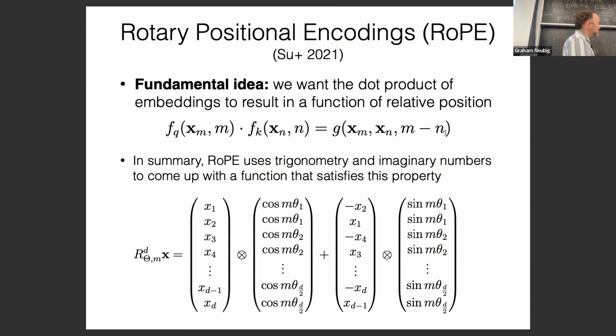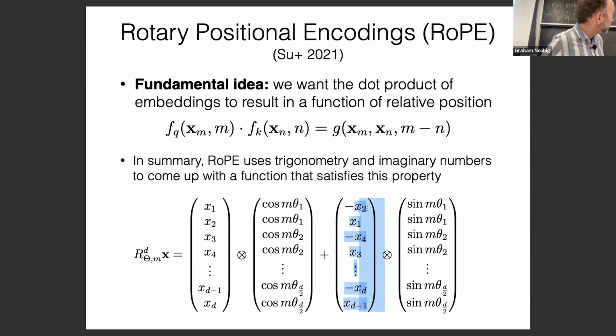And the way this function is calculated is you have the regular vector here, and the regular vector is multiplied by this cosine of m theta 1, theta 1, theta 2, theta 2.